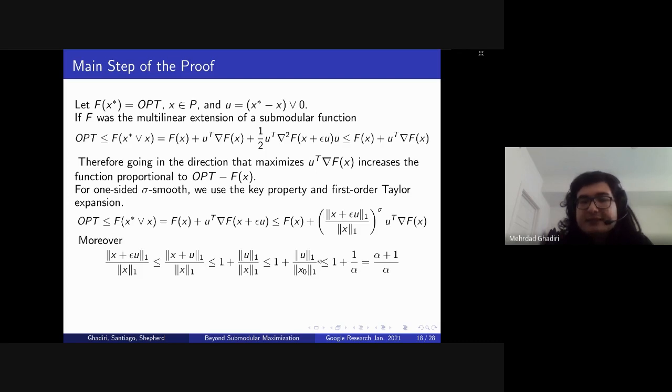And then we have the third inequality because for any point in our path, we don't decrease any coordinate. So the length of any of those points is less than x0.